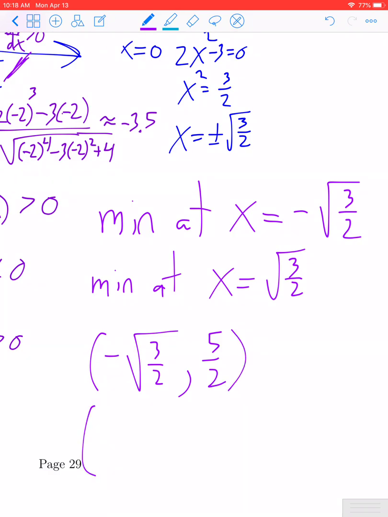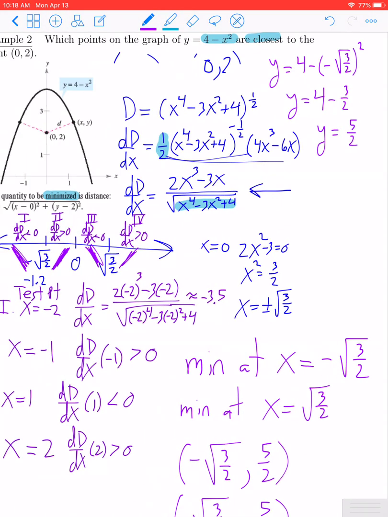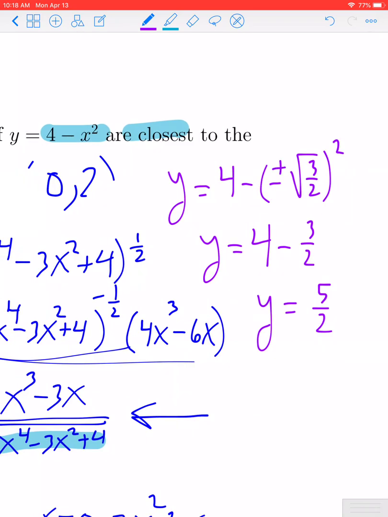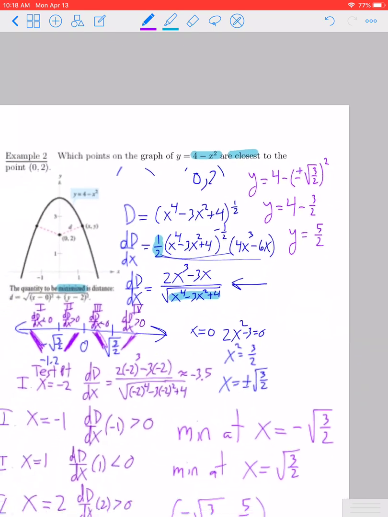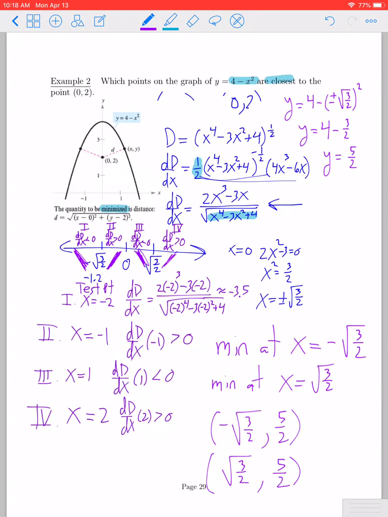And if you plug the other critical number in, because the function is even, you're actually going to get the same output. After all, it doesn't matter really whether I have a positive or negative square root. Once you square it, you're still going to get 3 halves. So the other point would be square root of 3 over 2, 5 halves.